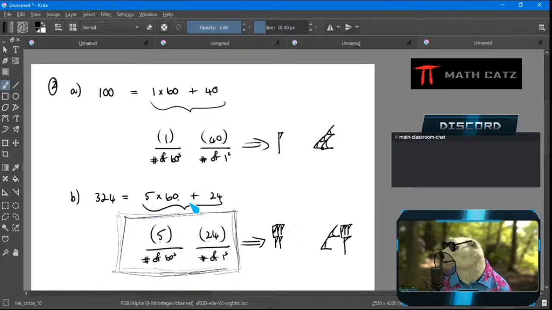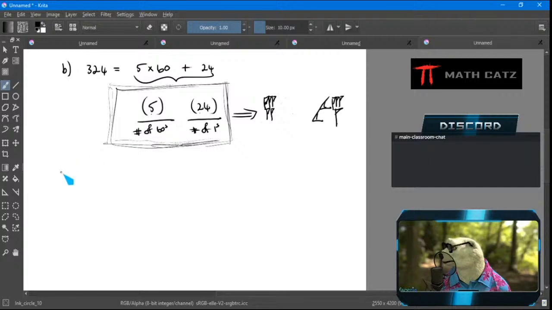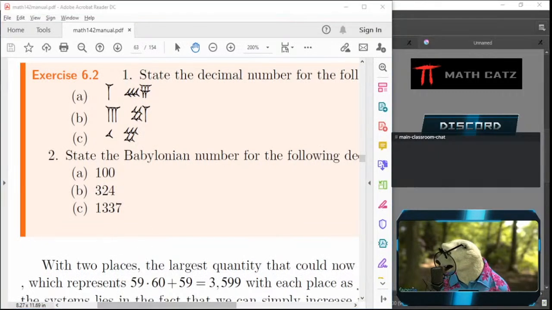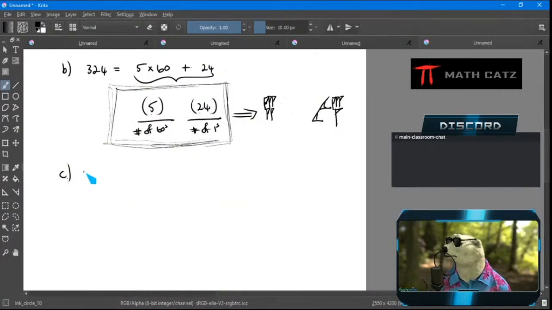Just show the breakdown in terms of 60s and then go to Babylonian, or however many in between steps you need to help you get there with confidence and have a little safety built in, like we spotted it. By having that extra step, I spotted, with some help, the fact that I didn't represent 5, I represented 50. And that helped me realize that before it was too late.